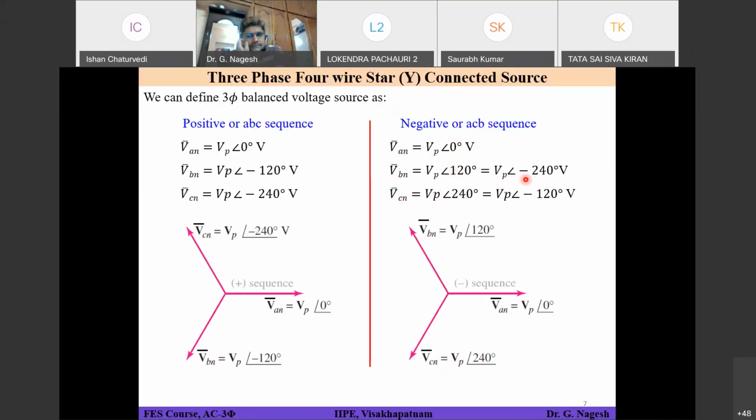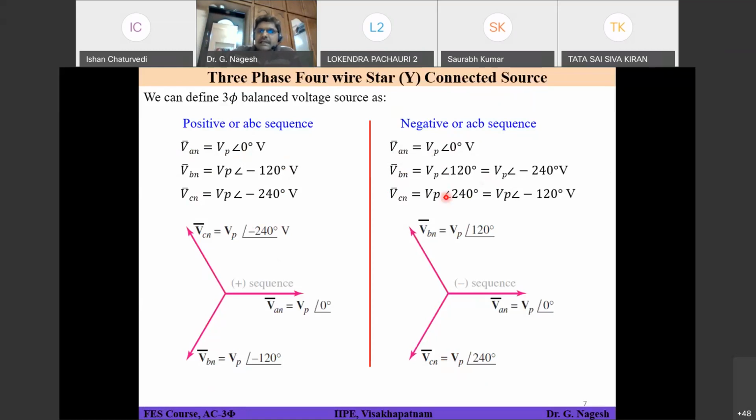Are you understanding? Sir, what is VP? VP is the RMS value of your phase voltage. For your home, your RMS value is 230 volts. If you have a three-phase system and it is balanced, only when it is balanced can I use this representation.